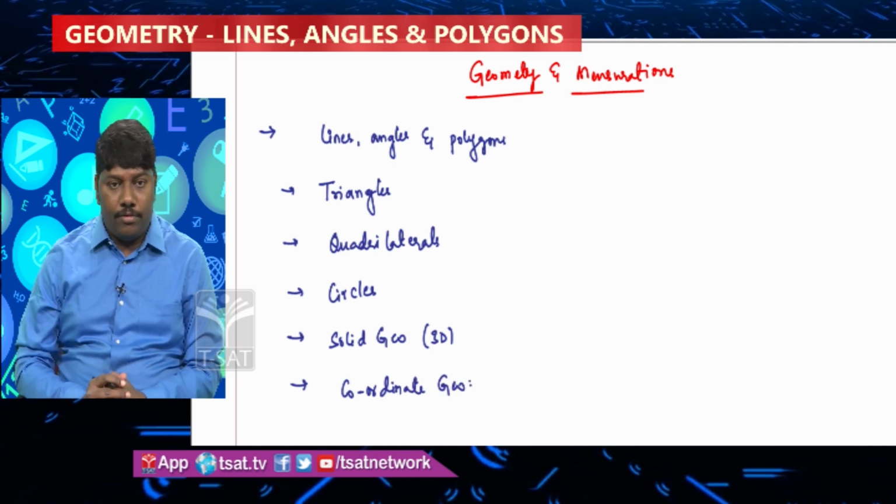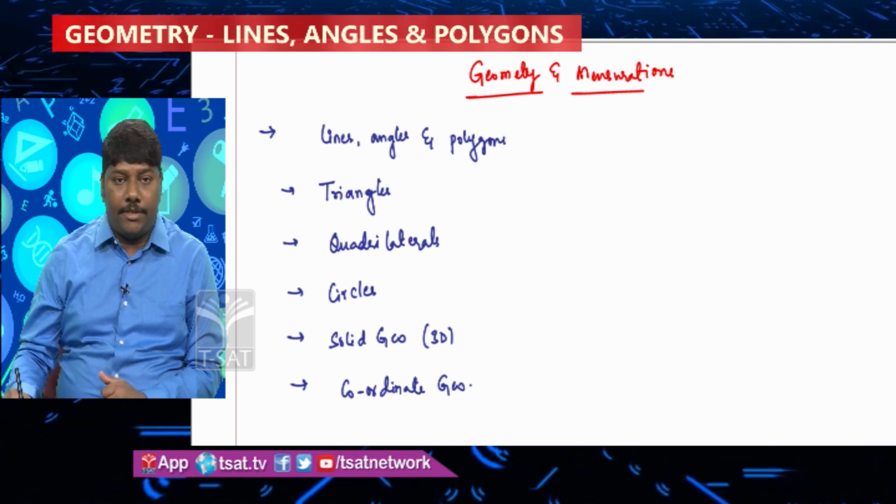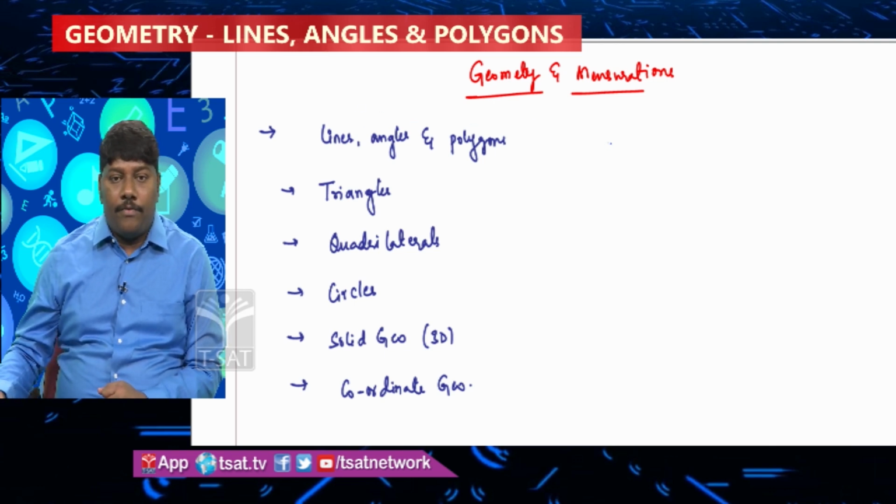Let me explain to you the logical sequence of these chapters. First, lines, angles and polygons. We start geometry with a point. If you draw this point and drag it, it forms a line. For this line, you can only measure the length.